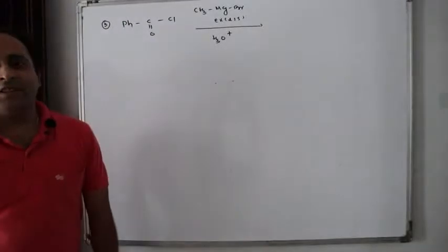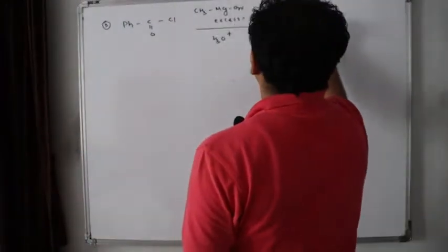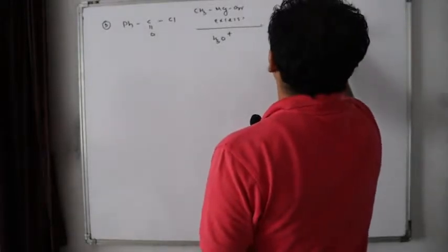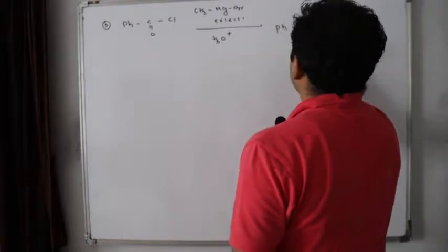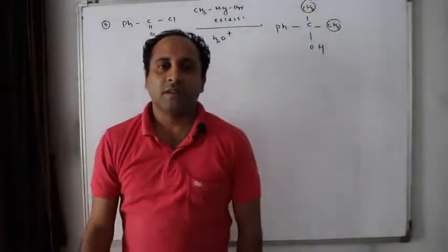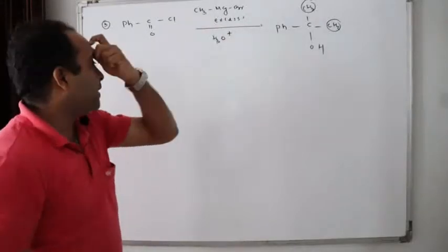Now you are very strongly intelligent to answer me this question. Excess means this carbonyl will be having two CH3 groups, and these two are from the Grignard reagent, giving the alcohol. Do you understand or not? Why? Same Grignard reagent is attacking twice.